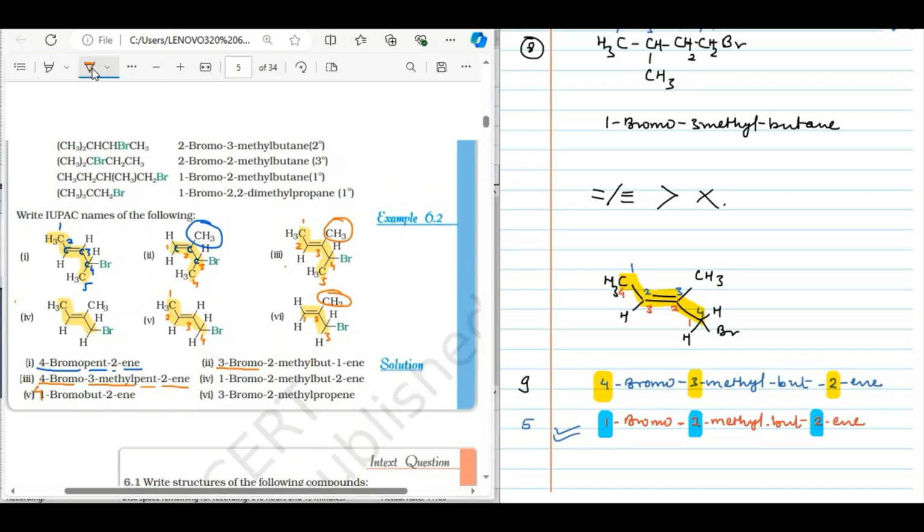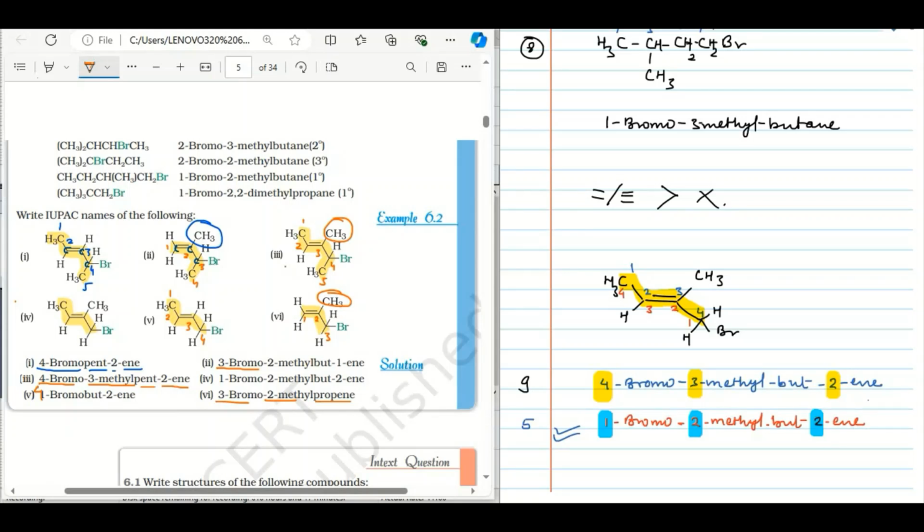Here bromine gets the third number, so the name will be 3-bromo-2-methyl, as the parent is 3 carbon long. So the parent name will be prop, and the double bond is at the first position. So there is no need to write 1-ene, or even if you want you can write 1-ene. So the name of this molecule will be 3-bromo-2-methylpropene, or even you can write prop-1-ene.